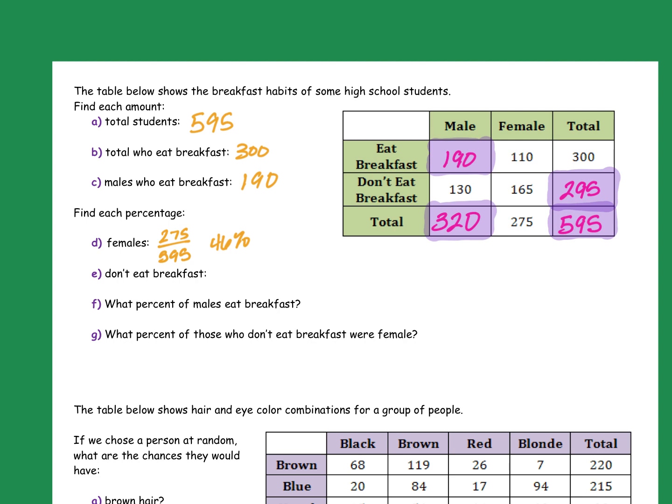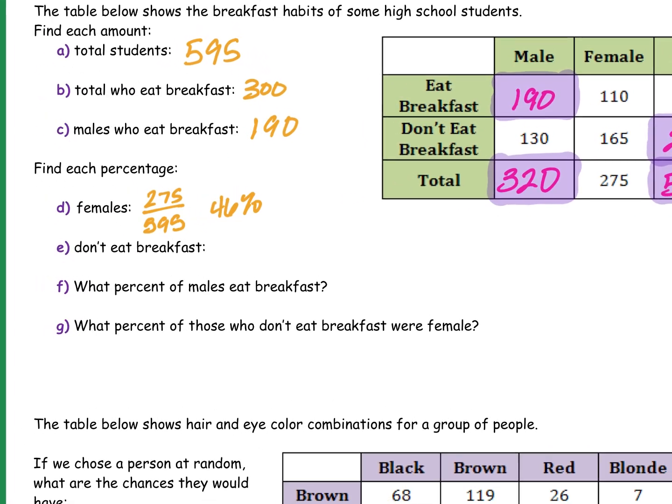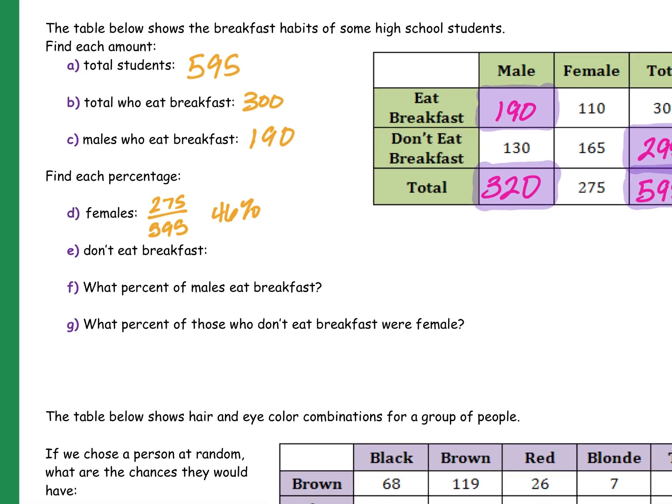What percentage do not eat breakfast? What's the number below 275? It's 595. It's over the total number of people. So how many people don't eat breakfast? What's my fraction that I'm going to build? 165 females plus... 295.